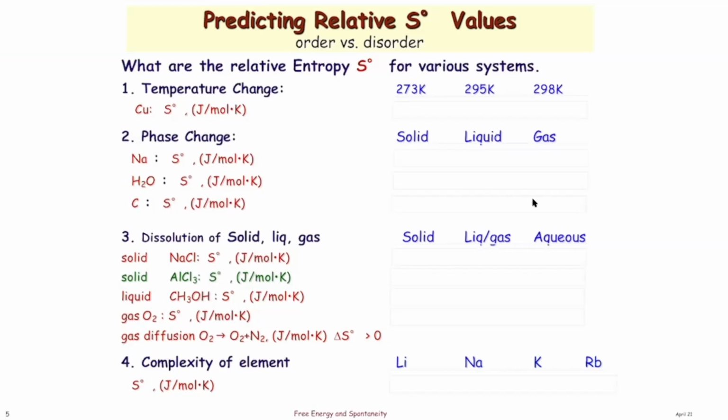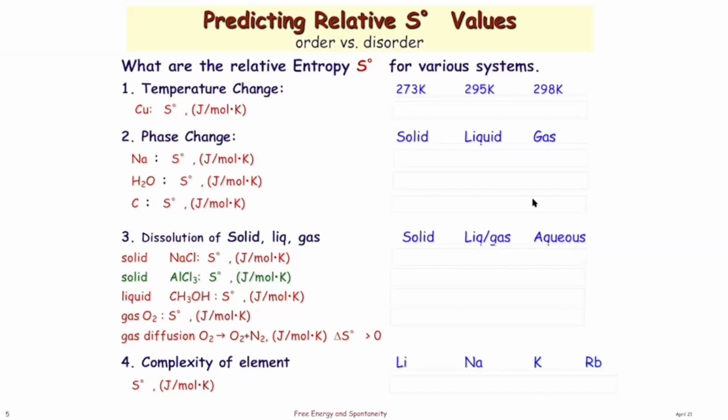If something is slowly vibrating versus something that's highly vibrating, the thing that's highly vibrating has more microstates. And of course, as you increase the temperature, it's going to be moving around as it goes from a solid to a liquid to a gas. So again, which one's going to have greater microstates? The one at higher temperature, because it's going to have more energy, more vigorous vibration.